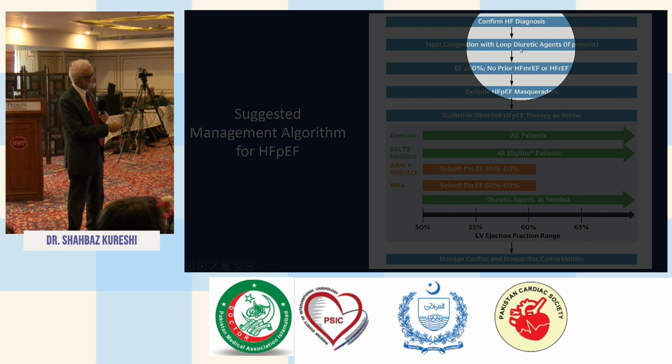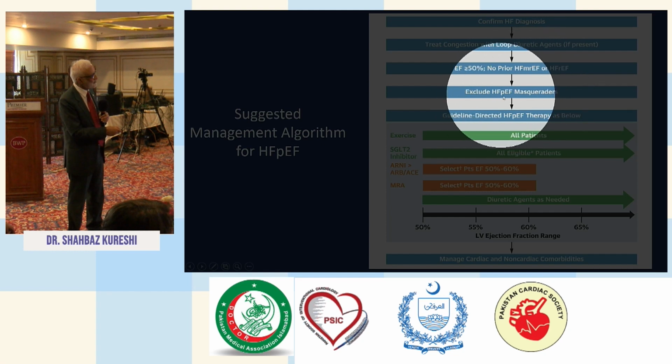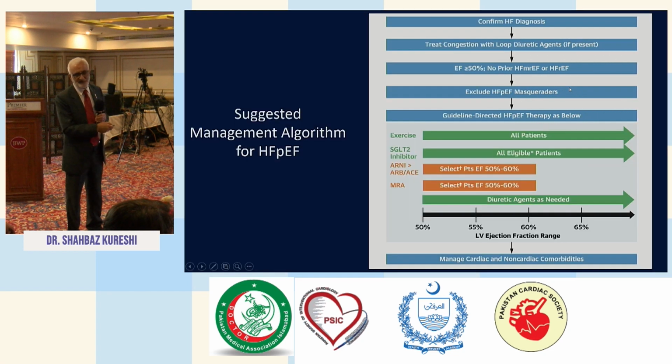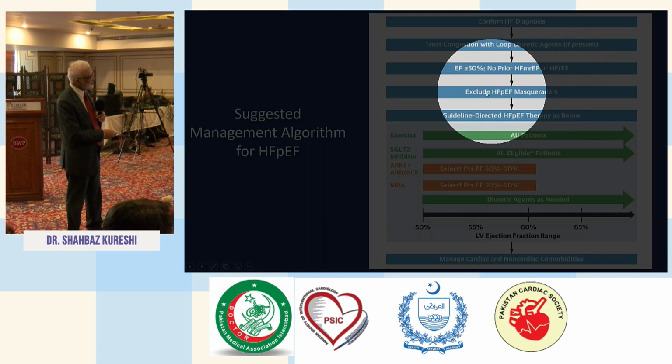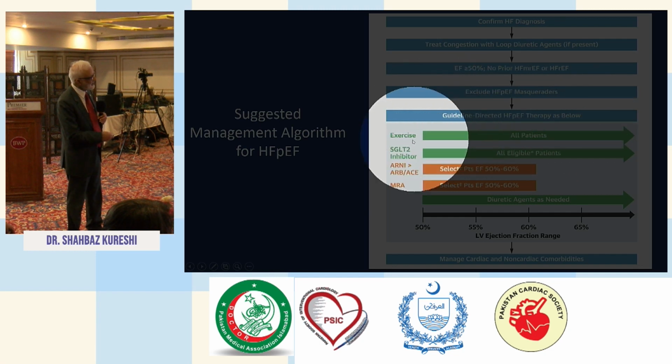Confirm the diagnosis, give diuretics for congestion, then for ejection fraction more than 50%, you exclude the masqueraders. The masqueraders are amyloidosis, hypertrophic cardiomyopathy, coronary artery disease, sarcoidosis, valvular heart disease. And then you come to the guideline-directed therapy as indicated here.